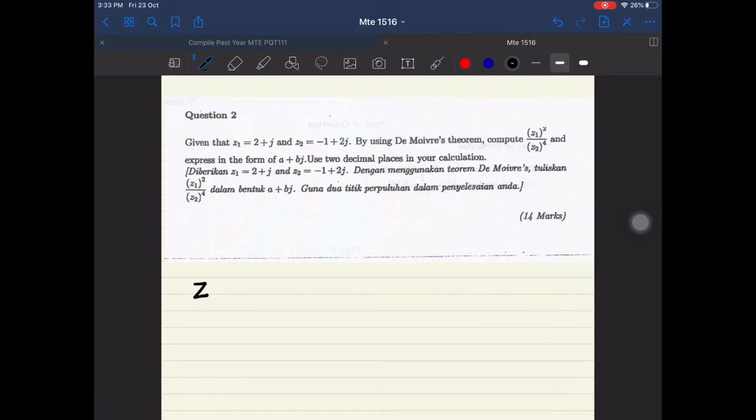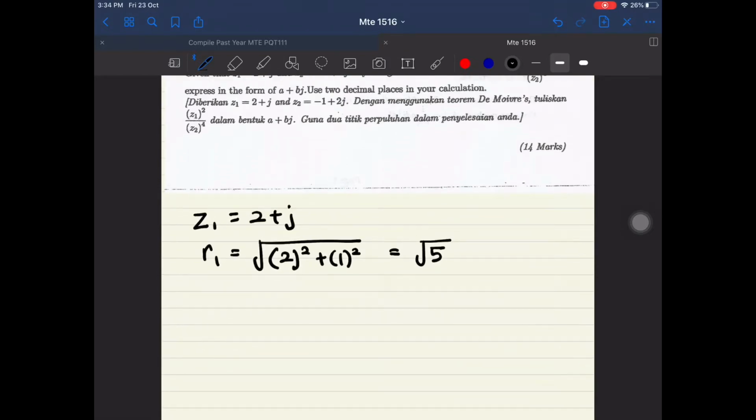Your z1 is equals to 2 plus j. So your r1 is equals to square root of 2 squared plus 1 squared, which is equals to square root of 5. For you to identify your theta, you need to plot first. When you plot this one, you know that your theta is in quadrant 1.